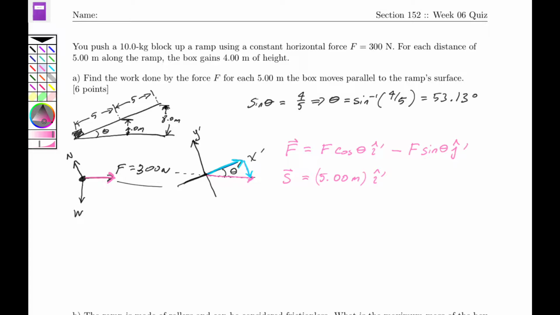So the work done by the applied force is just F dot S, and that is F cosine theta i hat prime. I'll write it all out officially, even though I know this second term doesn't enter into the calculation.